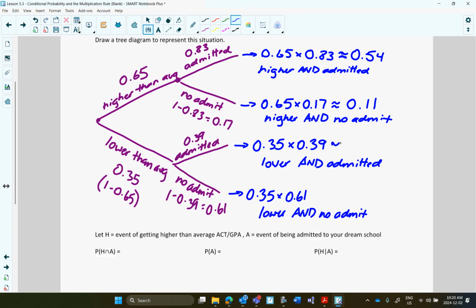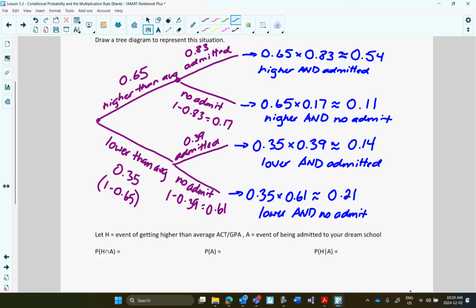And these ones work out to 0.35 times 0.39 gives us about 0.14. 0.35 times 0.61 gives us about 0.21. Now remember, I approximated these, okay?